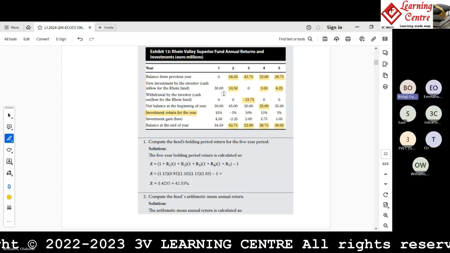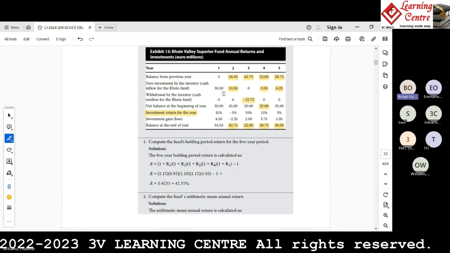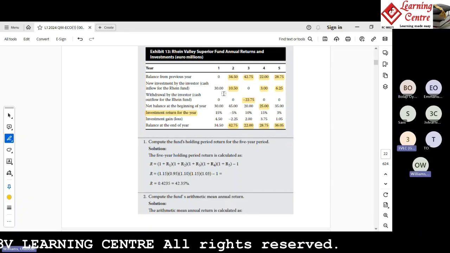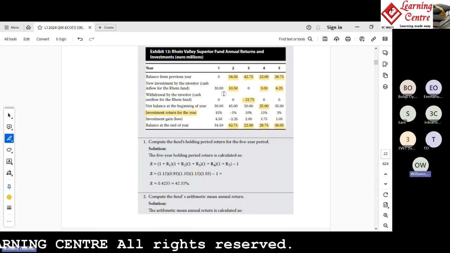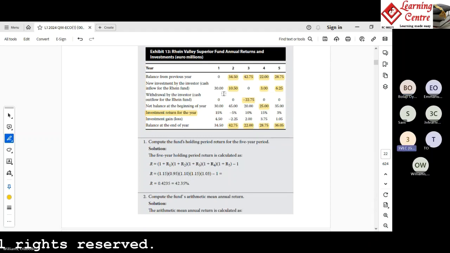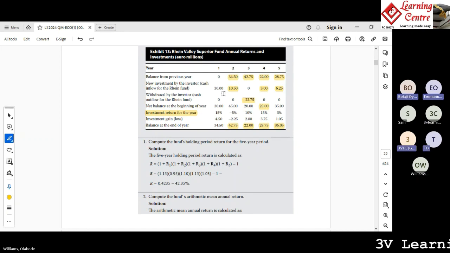Okay, so the 30 will be for year 0, minus 30. So CF0 is 30. Continue. CF1 will be 34.5. Then CF2 will be 42.75.